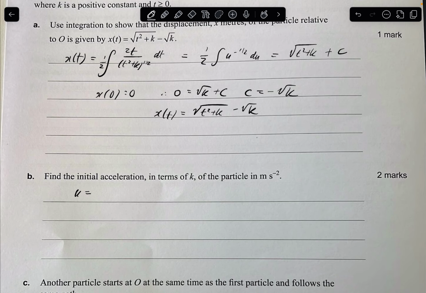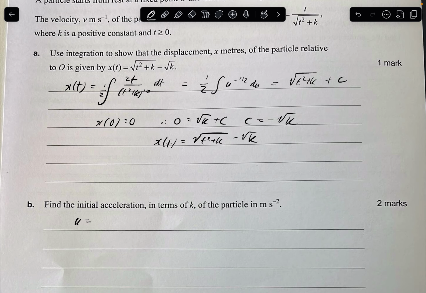So u is equal to t, u dash is equal to 1, v is equal to (t squared plus k) to the power of a half. v dash is equal to 1/2 times 2t, which is t over the square root of t squared plus k.